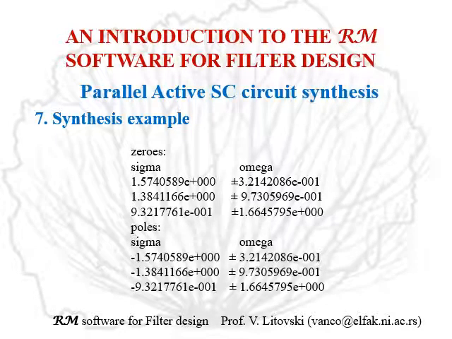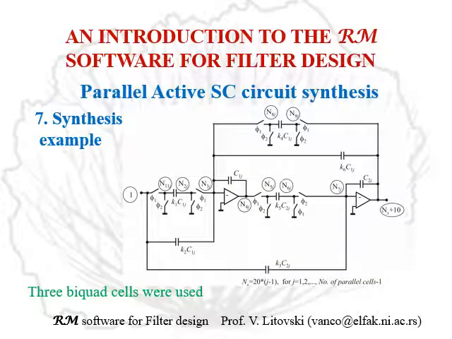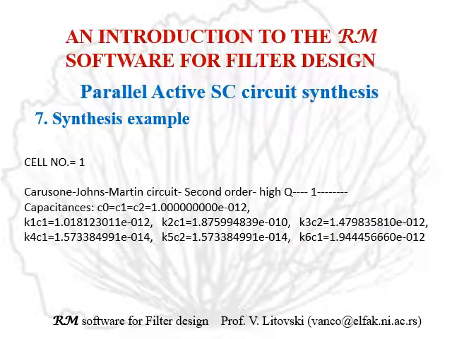So here are the zeros and the poles of the all-pass filter. Three biquad cells of this type were used. Here are the capacitance values of the cells.